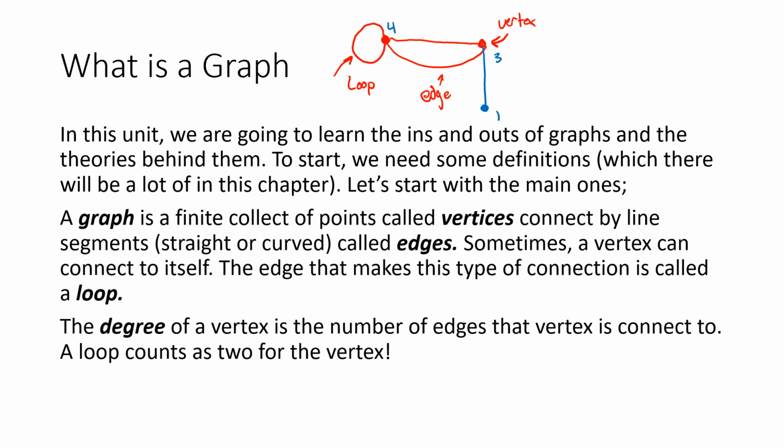So these would be odd degrees, while this one's still even. So the degrees are the number of edges sticking out. Loops count as 2 because one goes in, one goes out. Any questions?